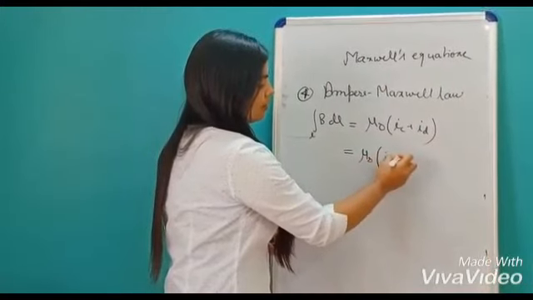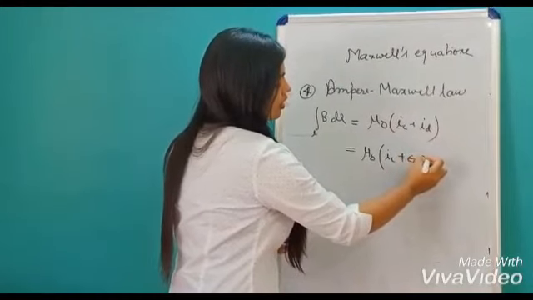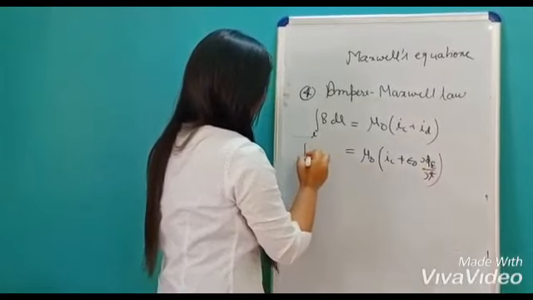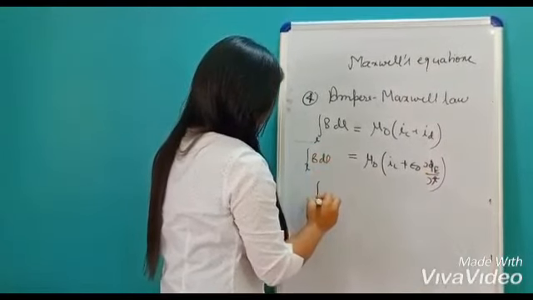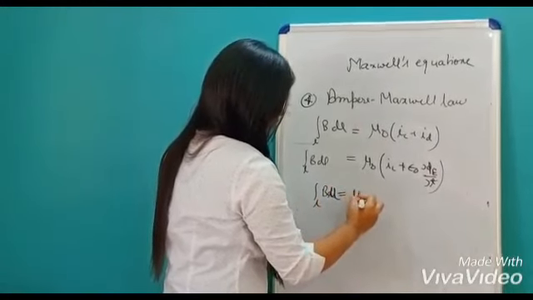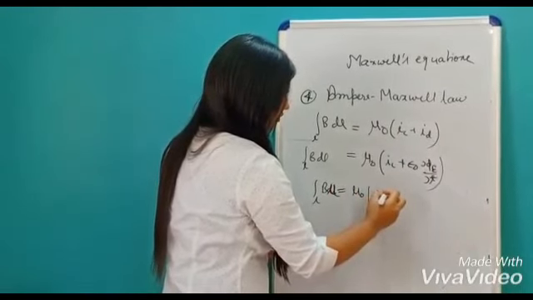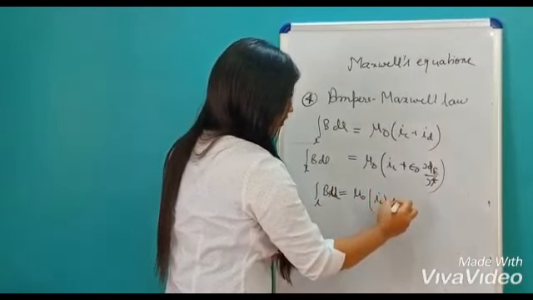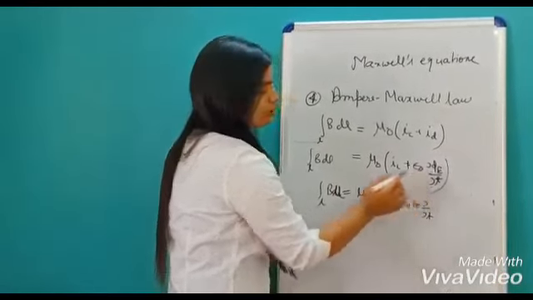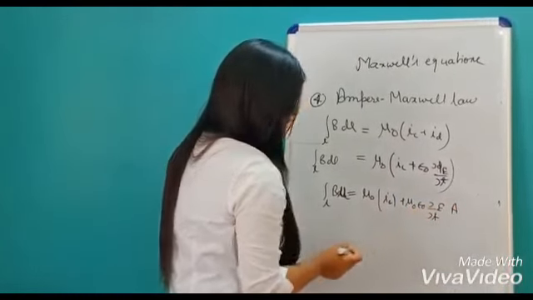Mu naught IC plus the value of ID, displacement current, is epsilon naught del phi E upon del T. So it is mu naught IC plus mu naught epsilon naught del by del T of phi E. The value of phi E is E multiplied by A.